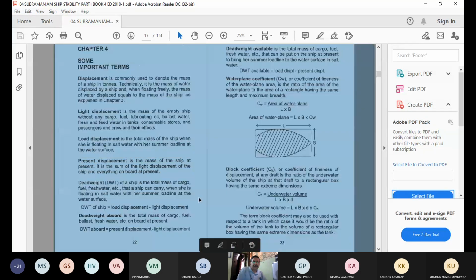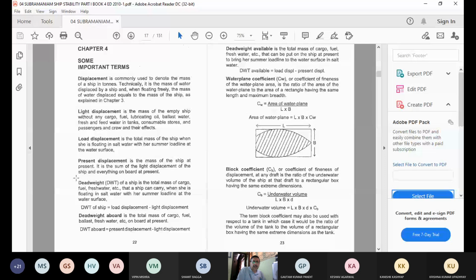Dead weight of a ship is the total mass of cargo, fuel, fresh water that a vessel can carry when she is floating in salt water with her summer load line at the water surface. So it is also called summer dead weight. Dead weight of the ship is the load displacement minus the light displacement.